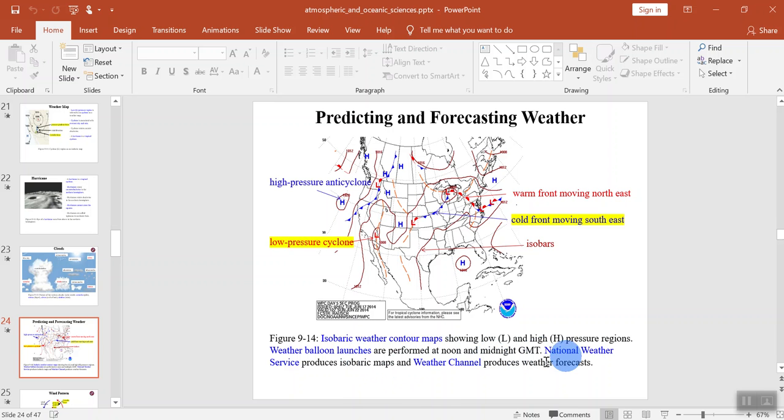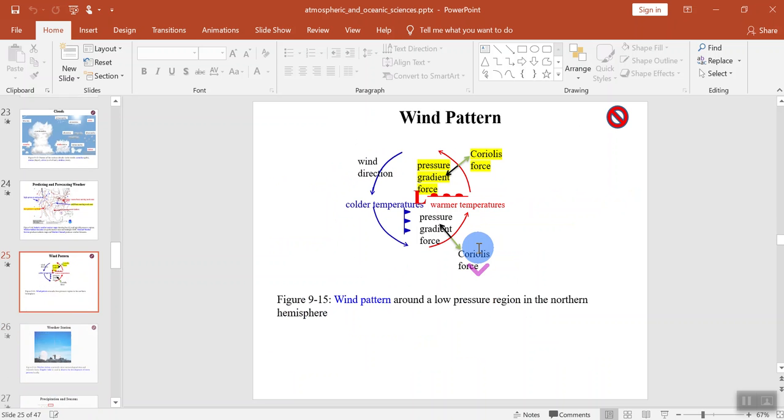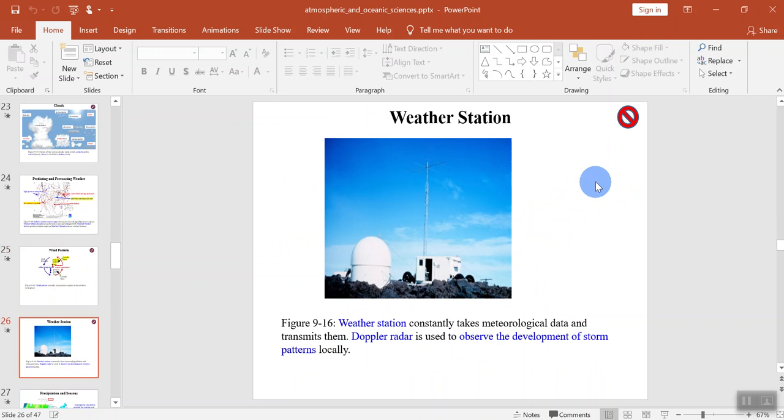They're produced by the National Weather Service, which produces these maps. And they're taken by various organizations to forecast the weather. Okay? Skip this one. So, the weather station constantly takes meteorological data, transmits them. Doppler radar is used to observe the development of storm patterns.